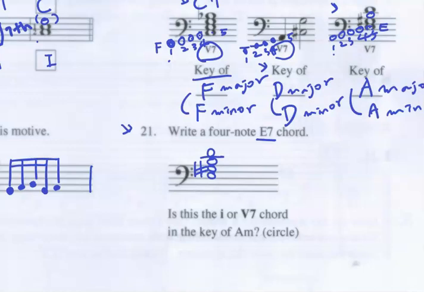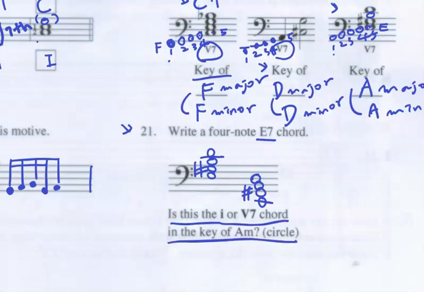Or if you choose to draw it in the low register, you can start low E, G sharp, B, and D. This is also correct, okay? You can draw the notes better than me, hopefully. And let's answer this question. Is this the 1 or 5-7 chord in the key of A minor?